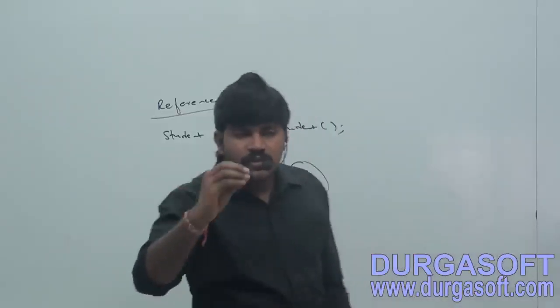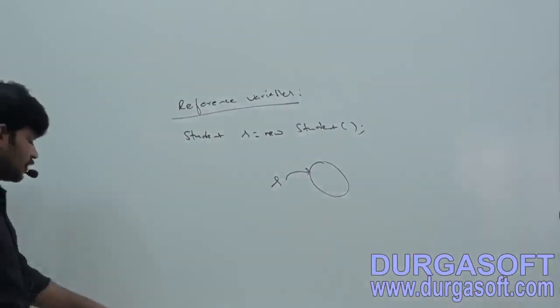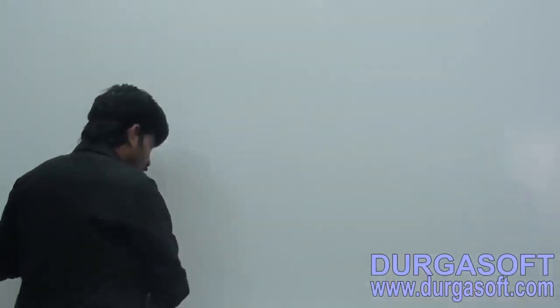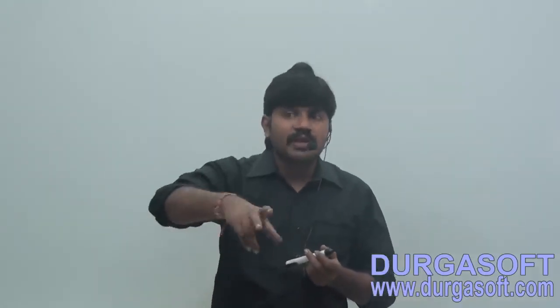Keep the subheading: division 2. Based on the position of declaration: where do I declare a variable? Am I declaring it within a class or within a method? Based on the position of declaration and behavior, all variables are divided into three categories, right?